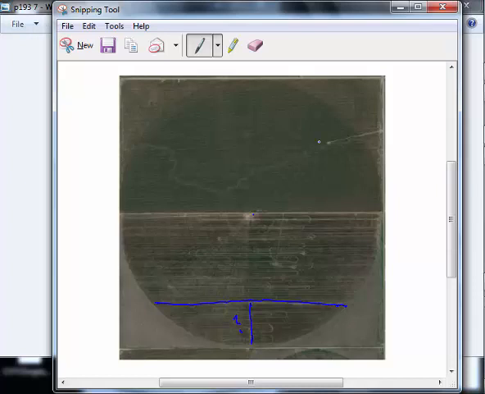We know from one side of the circle to the other is 5,280 feet. It's 1 mile. So if this distance from this spot to this spot is 3,186 feet, what is this distance x right here?